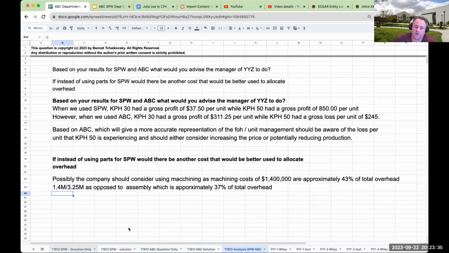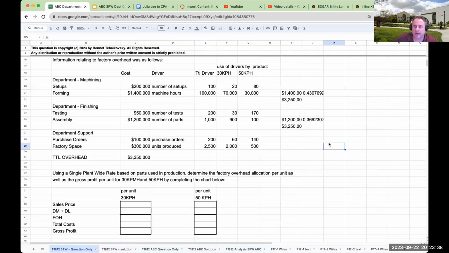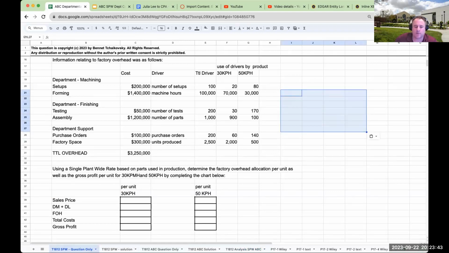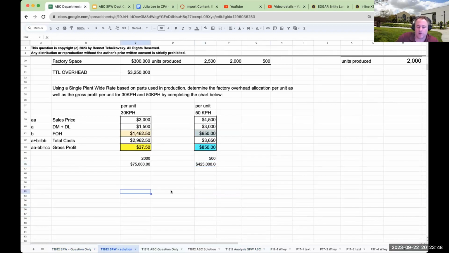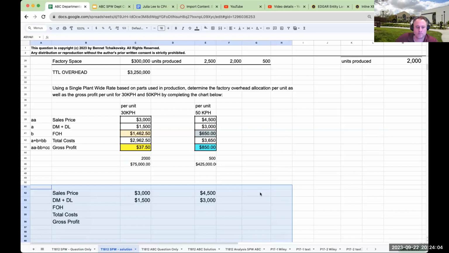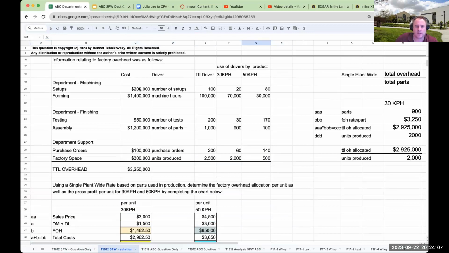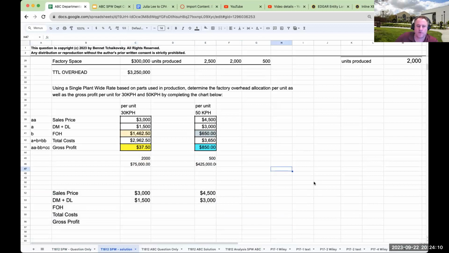So going back over here, if I were to do this based on a single plant wide rate based on machining hours, and it's a quick and fast way of doing it, we take the total overhead on a single plant wide rate.